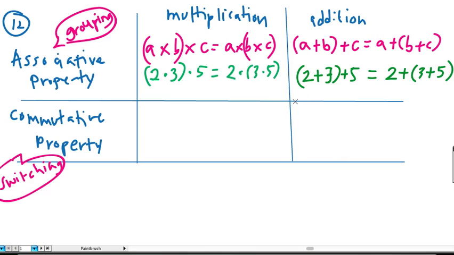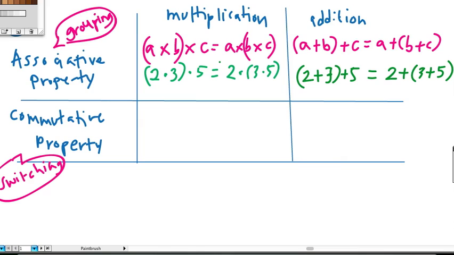And we can prove it. If we do PEMDAS first, and we look at parentheses, 2 plus 3, well that would be 5, and then add 5, that would give us 10. Likewise, over here, if we do the parentheses first, we get 8, the 3 plus the 5, and then if we add the 2, we get 10 again. This was the associative property of addition. Remember, parentheses means they are grouped differently in this case. So the parentheses help us group differently.